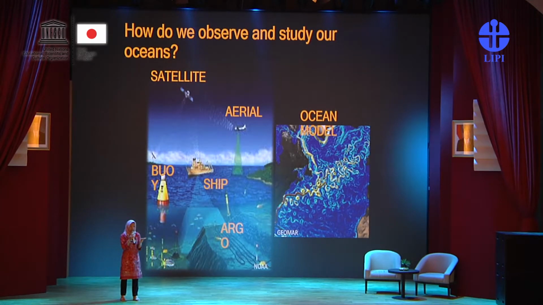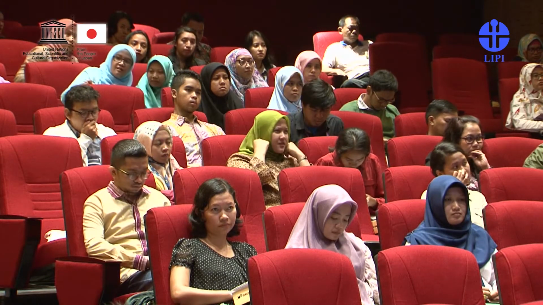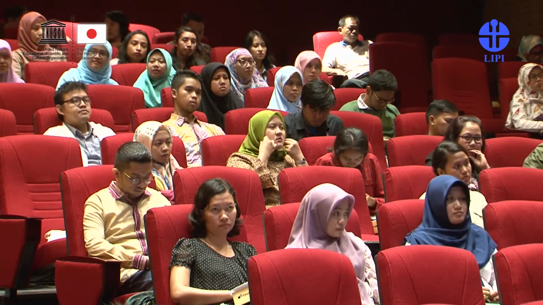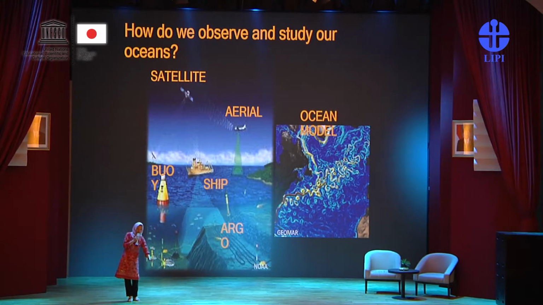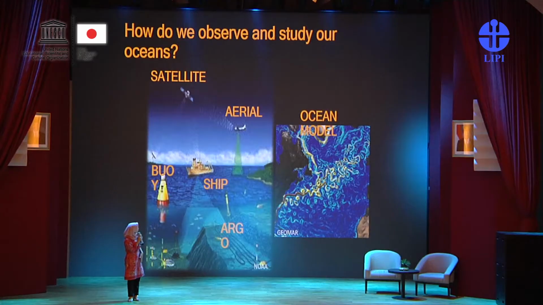Argo floats are autonomous submersibles. It is an instrument that goes on the surface and then dives deep into the oceans, and it will be recording a lot of information, and then it will go up, and it will send its signals to the satellite. So this is also a nice way to monitor our oceans.